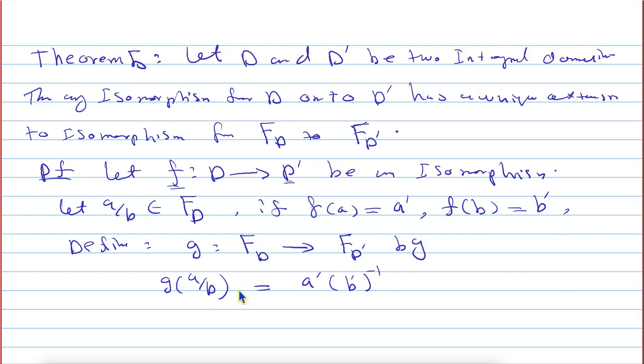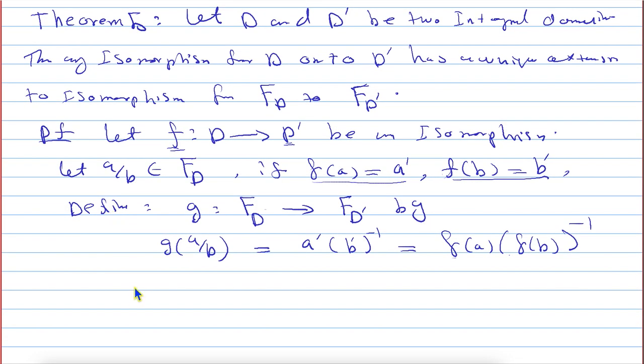Okay, we said we can use these two different forms interchangeably. We can use either A over B or A B inverse. So this is an element in F sub D prime. Okay, but this equals F of A times F of B inverse.